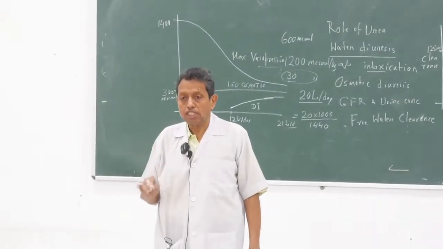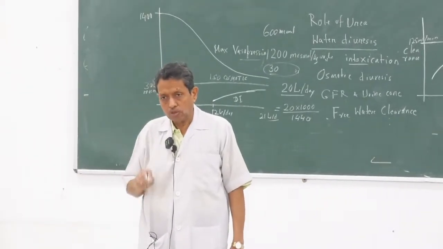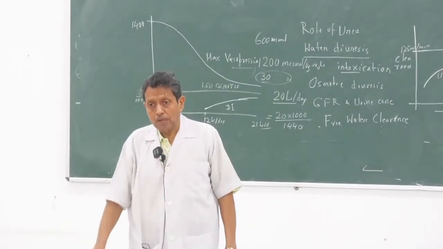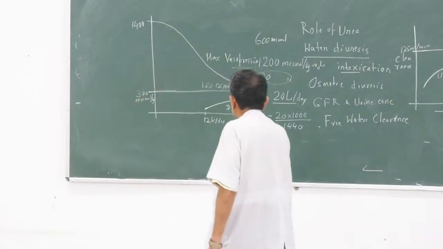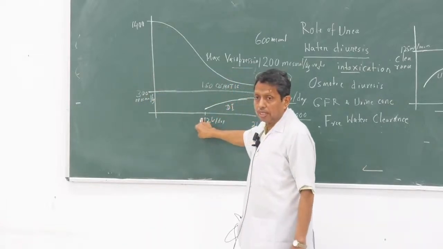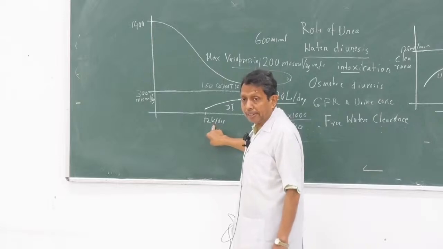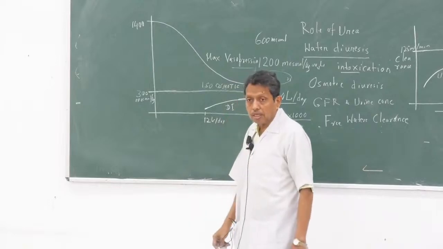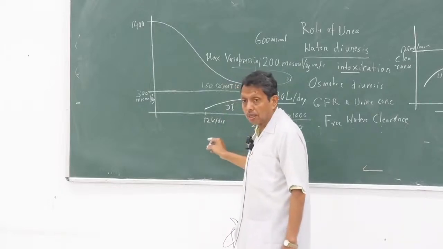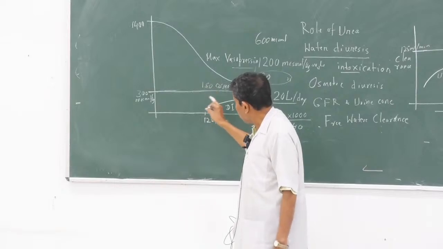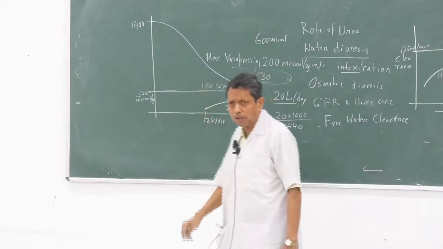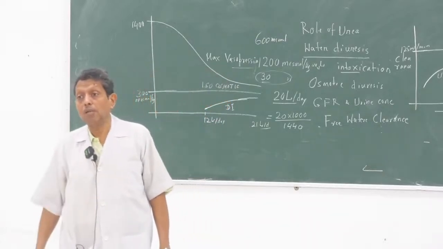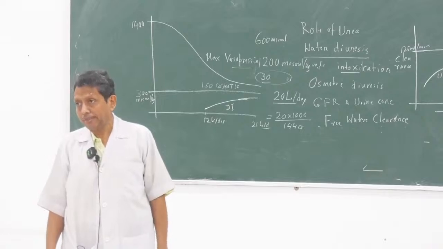So whenever osmotic diuresis is produced, a huge amount of fluid can be produced, and the fluid is coming from the proximal part of the nephron. So in diabetes insipidus, suppose it is 12 liter per day and the initial concentration is 60, it will increase, because with osmotic diuresis the fluid is coming from the very proximal part of the nephron, that is within the Bowman space, which is equivalent to that of the plasma.